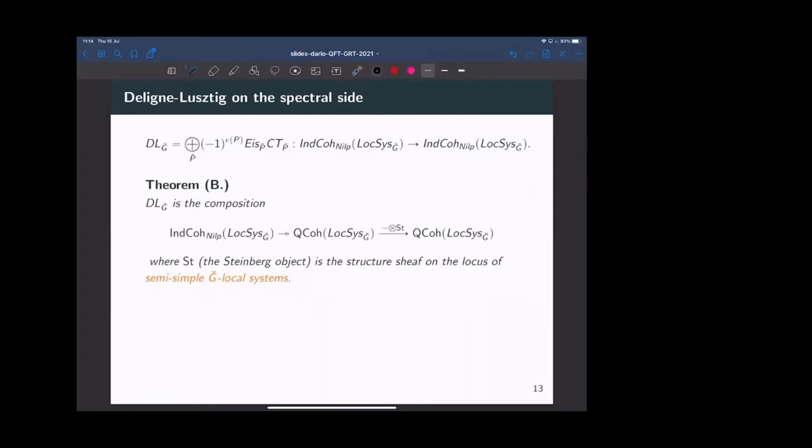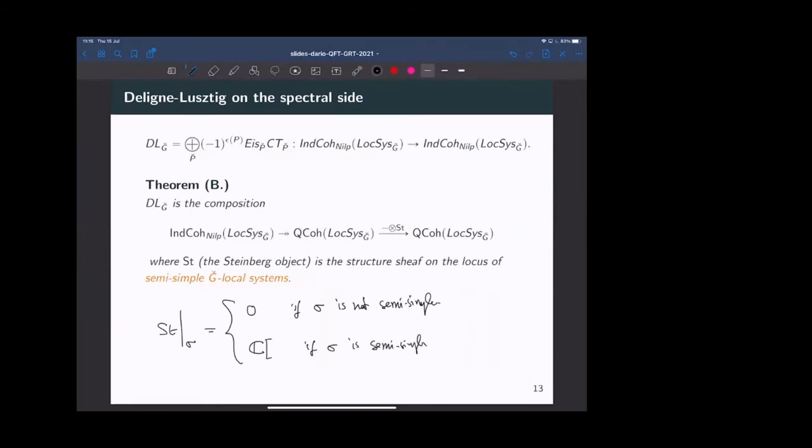The reason I say that is because if I look at the fibers of the Steinberg object at a local system sigma, it's always either 0 or one-dimensional, say C. It's 0 if sigma is not semi-simple, and it's one-dimensional if sigma is semi-simple.